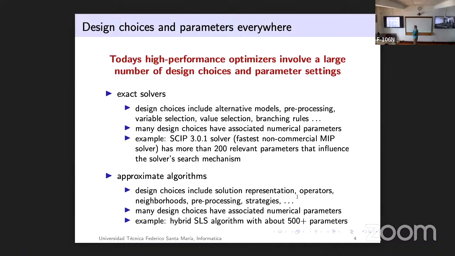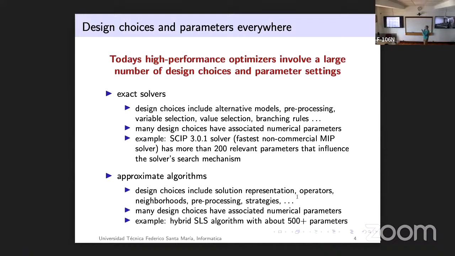And we have here an example of the SCIP solver. So the SCIP solver, this version, is not a recent one, yeah? But it was the one which we were thinking about in a paper in 2014. And then it has not 200, but it has 1,000 parameters on top.